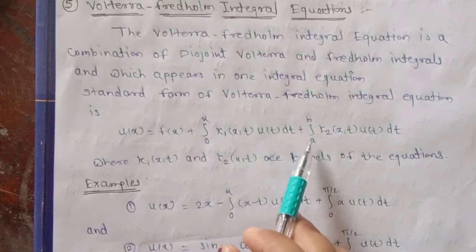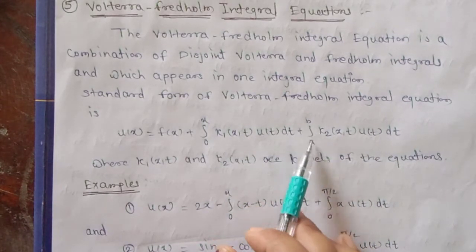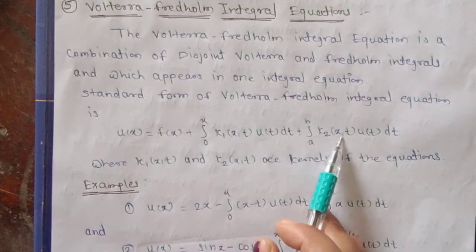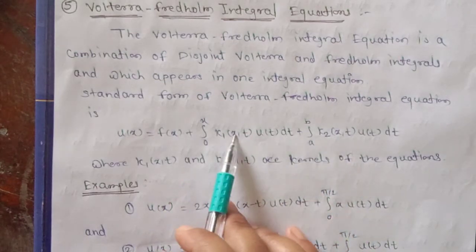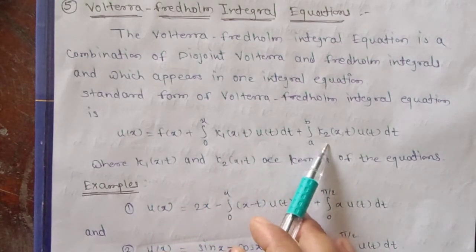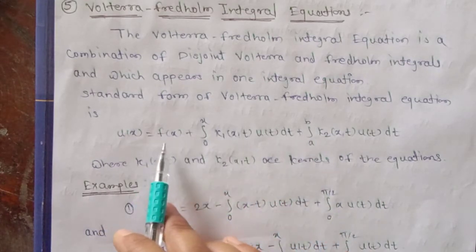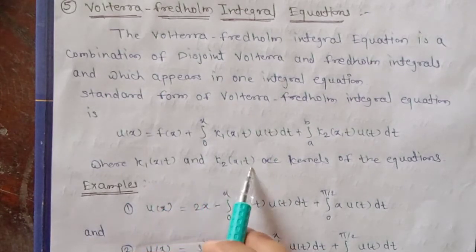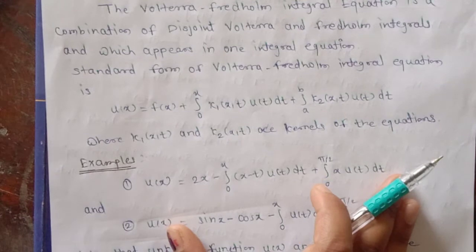And the other one is integral a to b k2 of x t u of t dt. Here the limits are the constants a and b, which is our Fredholm integral equation form. Okay, so in that equation both the Volterra and the Fredholm integral forms are combined, so this is our Volterra-Fredholm integral equation, where k1 of x t and k2 of x t are the kernels of the equation.